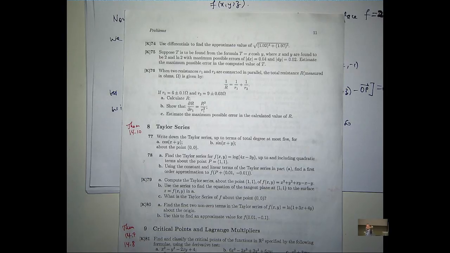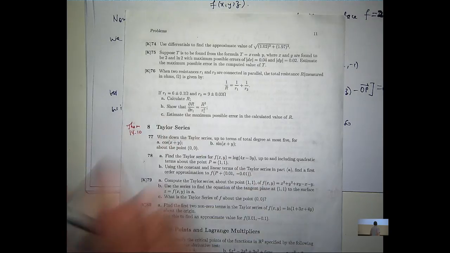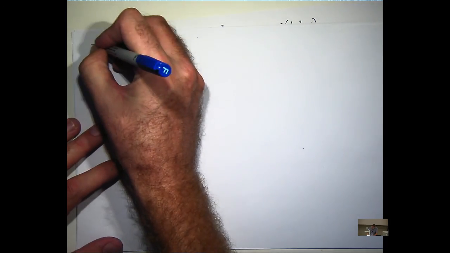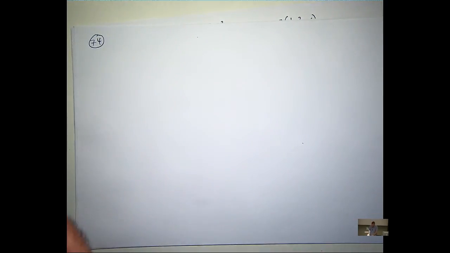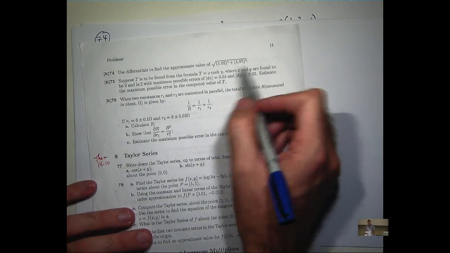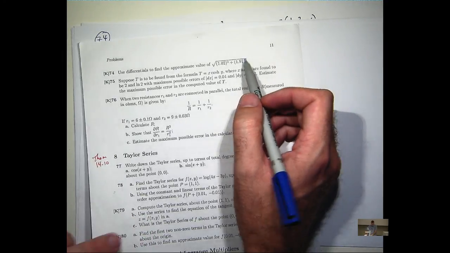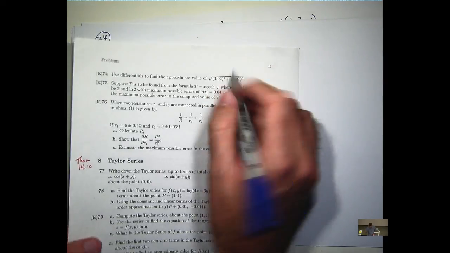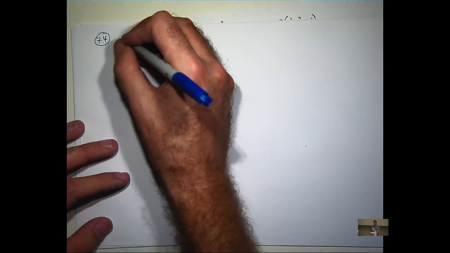Okay, so what we're going to do is use the tangent plane to approximate this, to sort of a first degree type approximation. So how do we do that? All right. So instead of this sort of value here, I'm going to introduce a new function based on the structure of this setup.